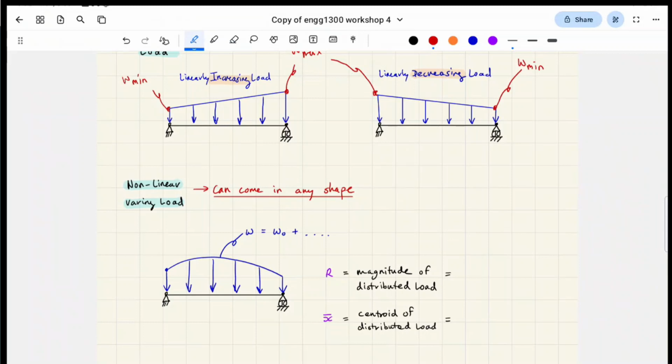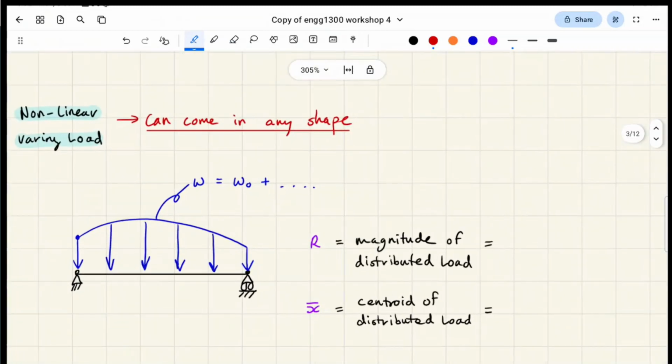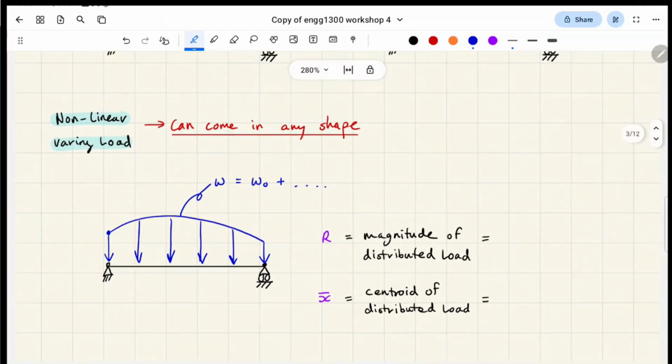All right, so for the magnitude of a distributed load, to describe what's going on here, firstly, instead of describing it with W max and W min, we describe it with a function. If you recall graphing, this could be a parabola, or if it was a straight line, it'd probably be a trapezoidally distributed load.